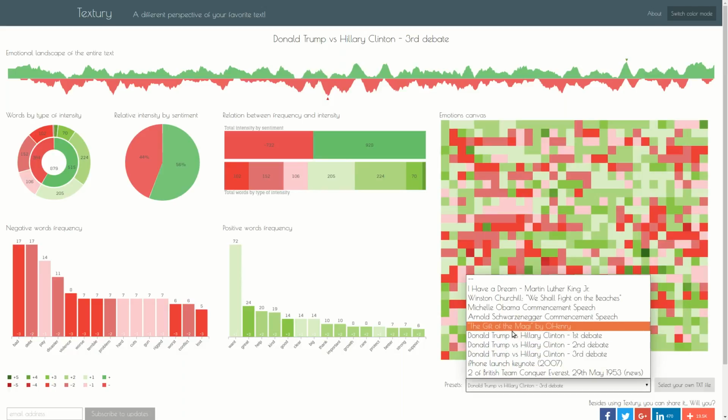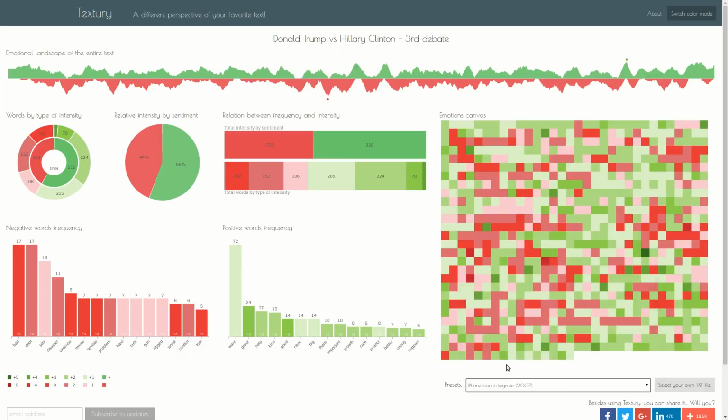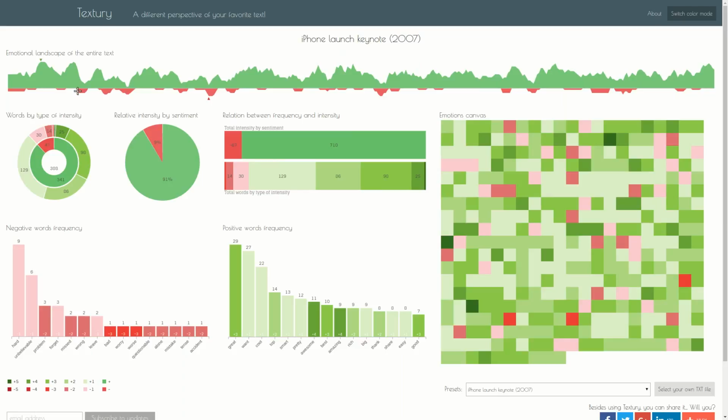Just an overview of the iPhone launch keynote that I would like to show you is that it's pretty much positive. So you can see here that it's mostly green, only 9% of the emotional words used are negative, and there are a lot of great, awesome, amazing words used throughout that presentation.